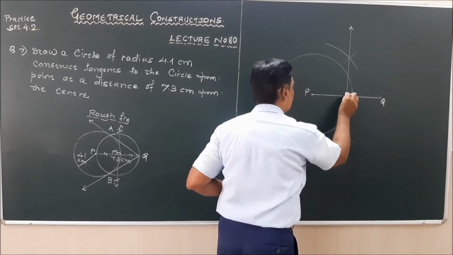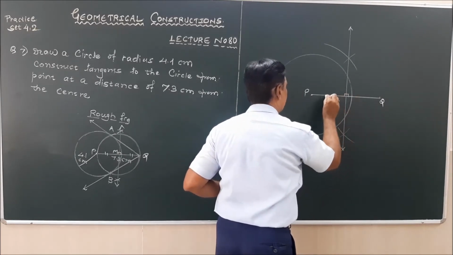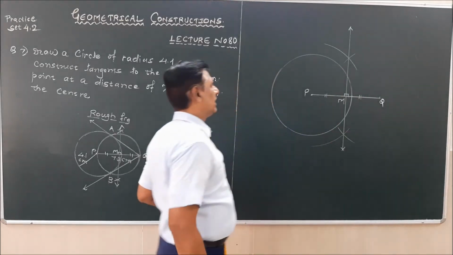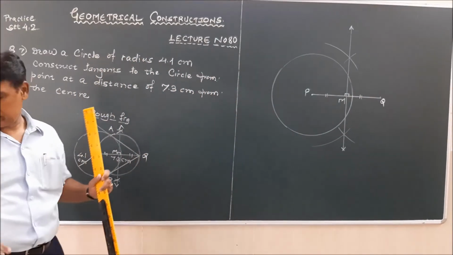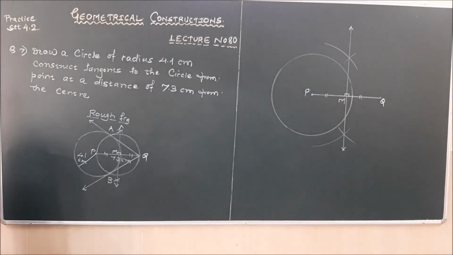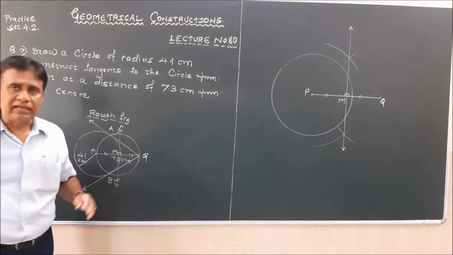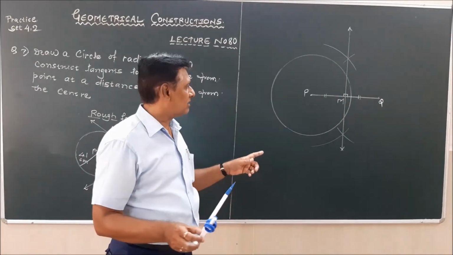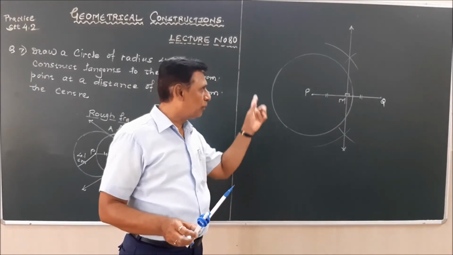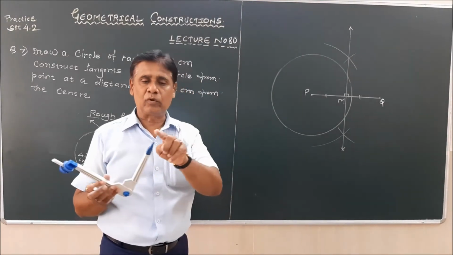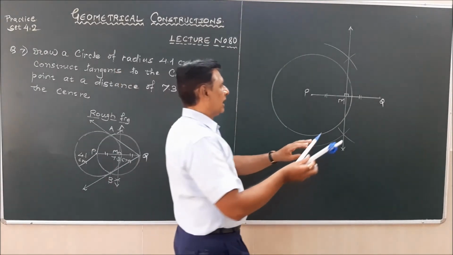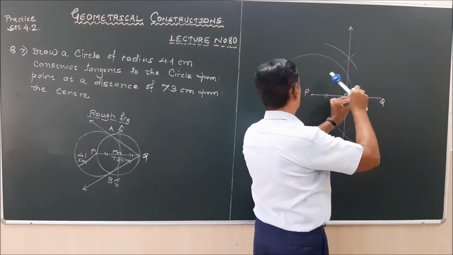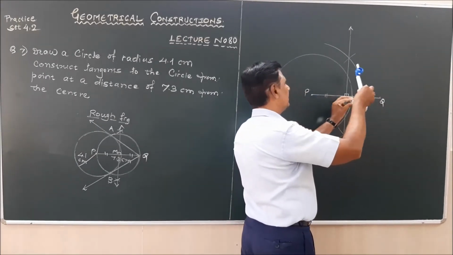I have drawn the perpendicular bisector of PQ. Label that point as M. Next, take M as a center and draw a circle passing through P as well as Q. Now I am going to place the compass point on M. MQ and PM are the radius.